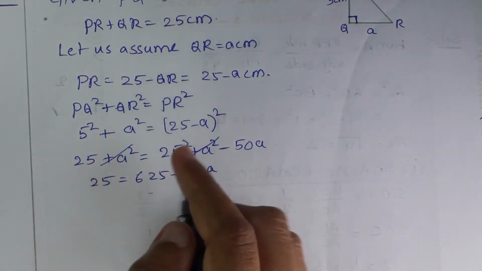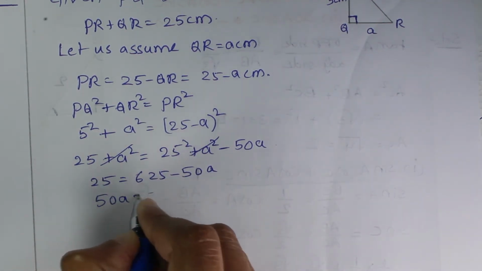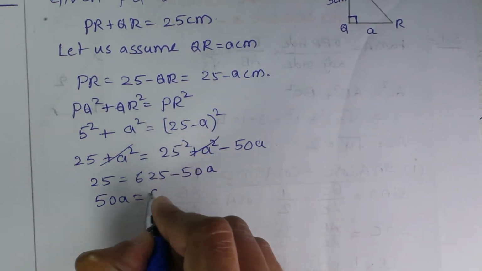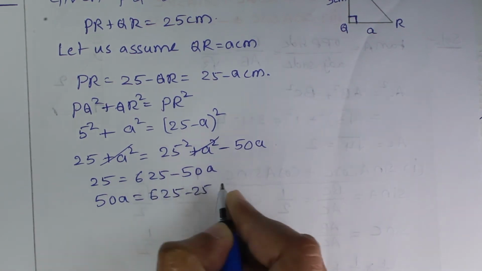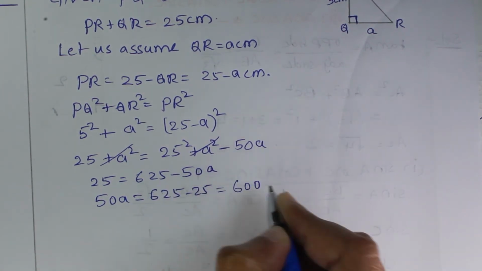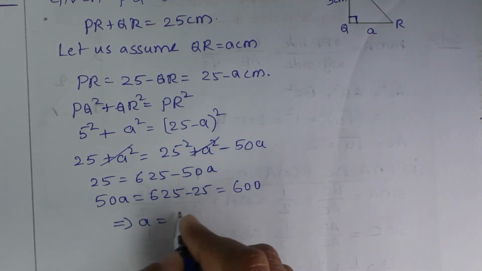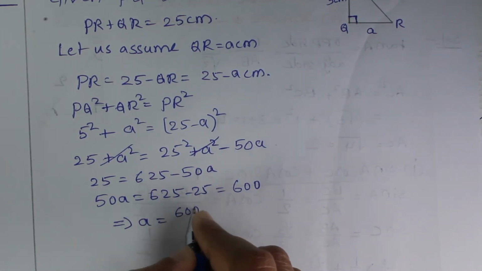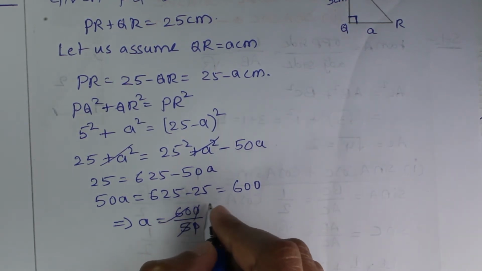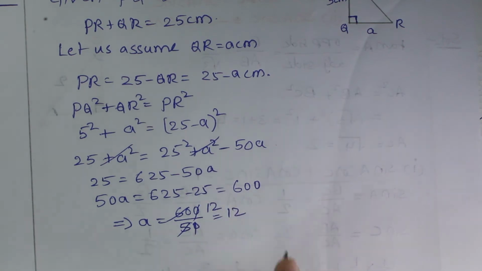Okay, 50A comes to this side. 50A is equal to, see, 25 goes to that side, 625 minus 25, that is equal to 600. That implies A is equal to 600 by 50. A is equal to 12.